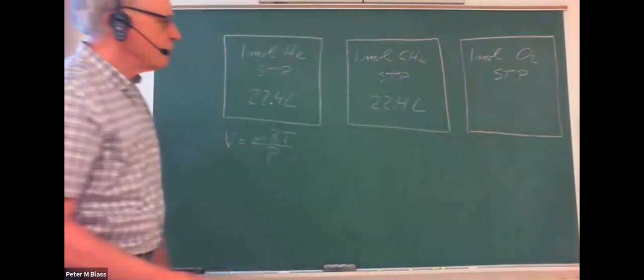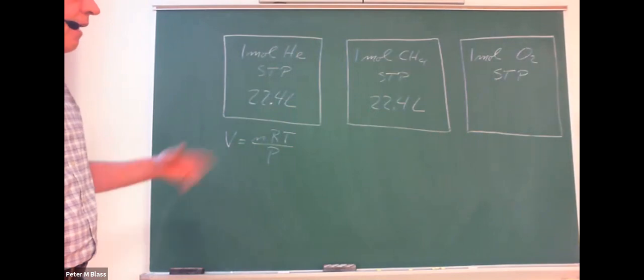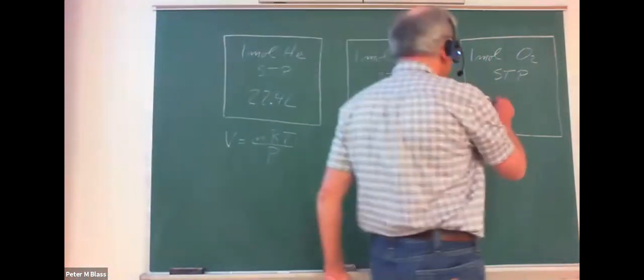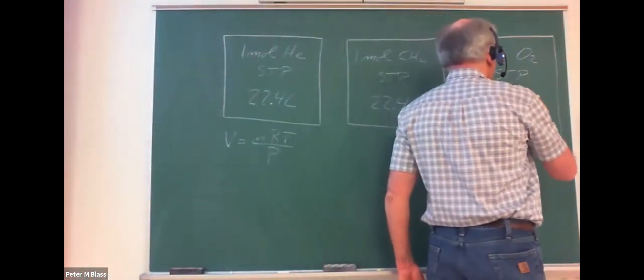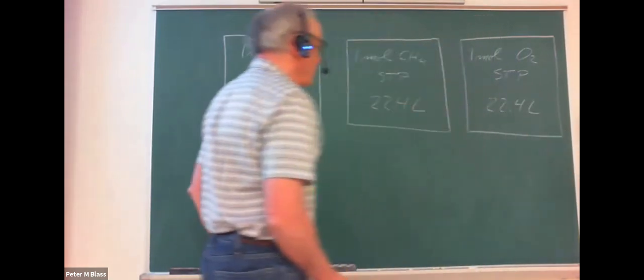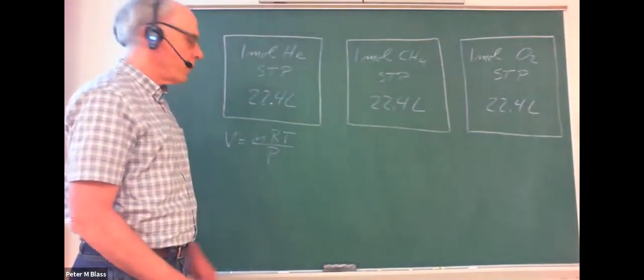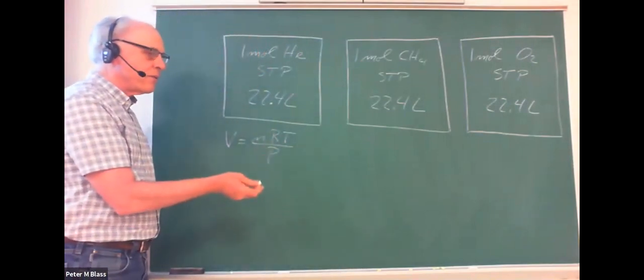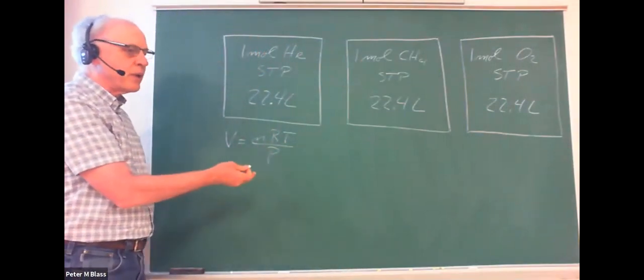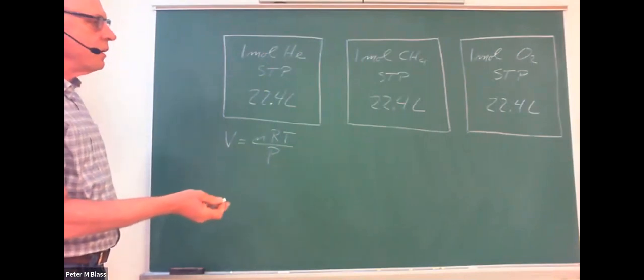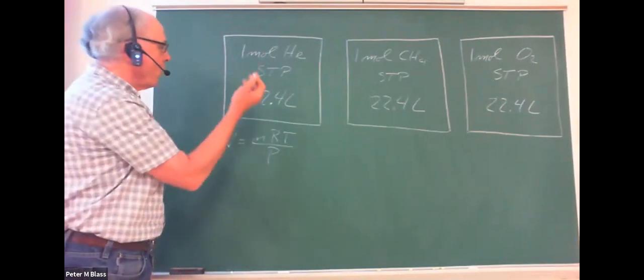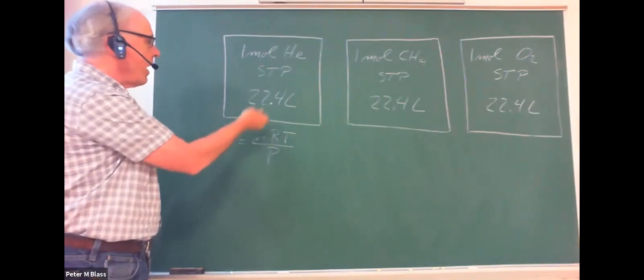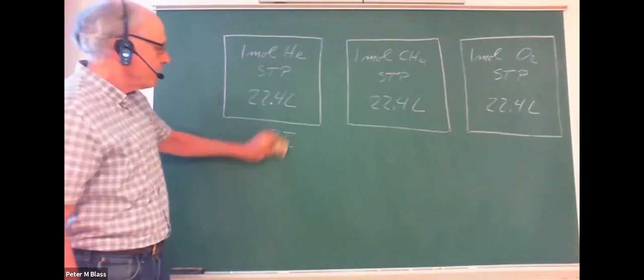Now, all these squares are supposed to be the same size, and they're clearly not, but pretend they are. 22.4 liters for the oxygen as well. Okay, so the point is, no matter what the gas, within the ideal gas approximation, which is a very good approximation, a mole at STP occupies 22.4 liters.